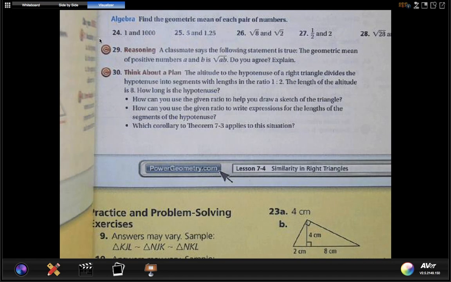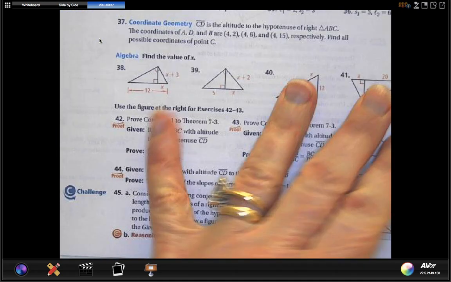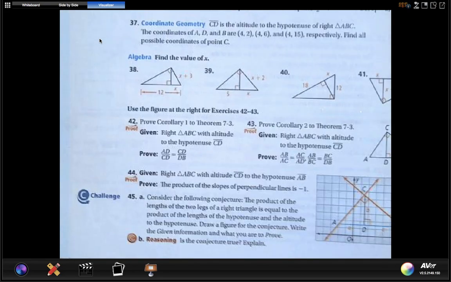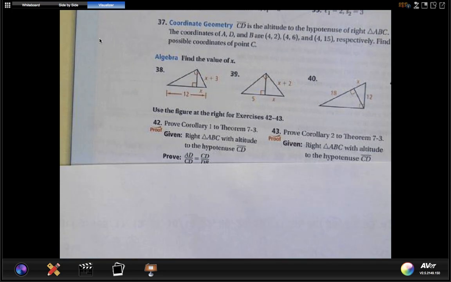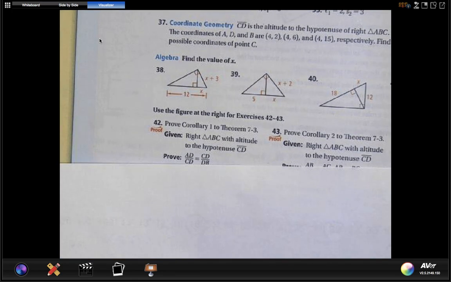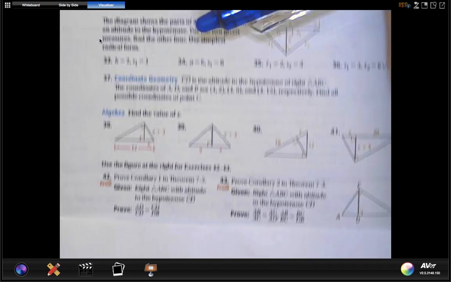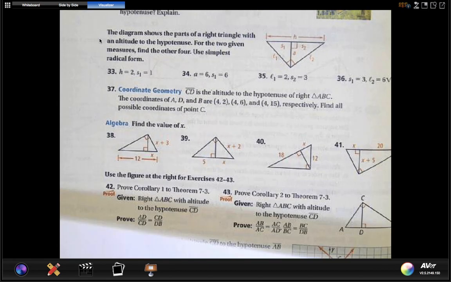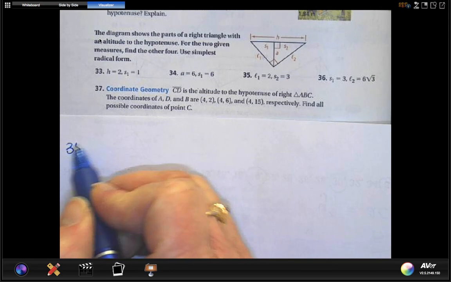All right, and then the last one I'm going to do with you is 35. Okay, 35. All right, 35 says we have this triangle here, and we're given some measures, and we want to find the other 4.